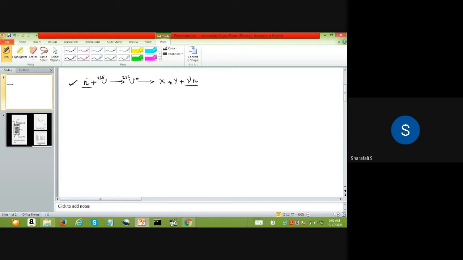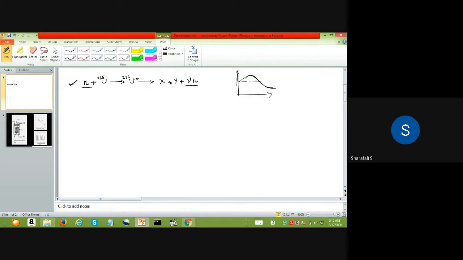If you increase the kinetic energy of these neutrons, the probability of fission will be larger, theoretically. When you consider the activation energy and the Q value, the graph, which I'm roughly drawing here, will be somewhat like this, going in a 1 by r form.